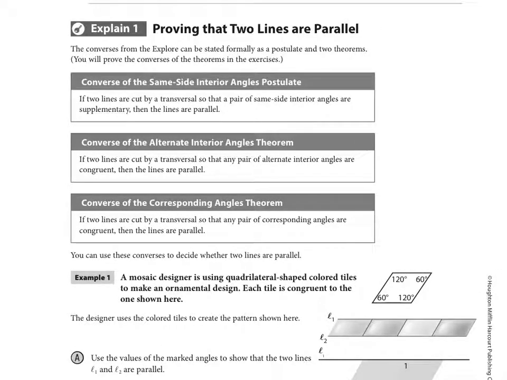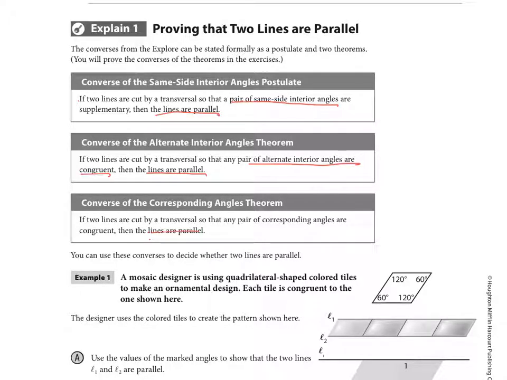Okay, remember last time in that section, we said if we have parallel lines, then the same side interior angles are supplementary. If we have parallel lines, then alternate interior angles are congruent.